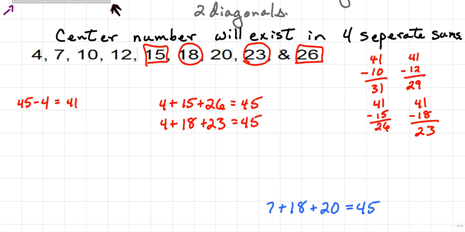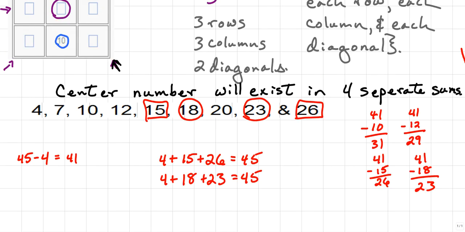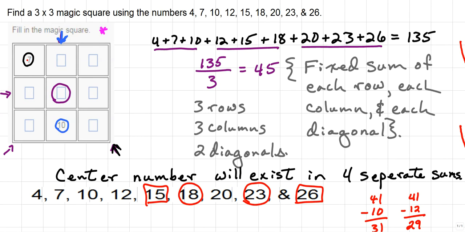Now we've already got one of them, but we're going to go ahead and continue to see if there are any others. And it makes sense that there will be, because if you notice, 7 exists in this corner, so it will be part of this row, part of this column, and part of this diagonal. That means 7 will exist in 3 possible triples.